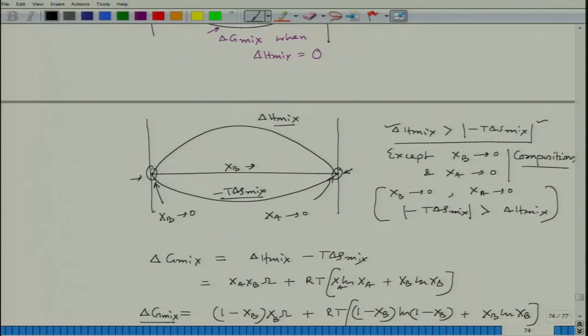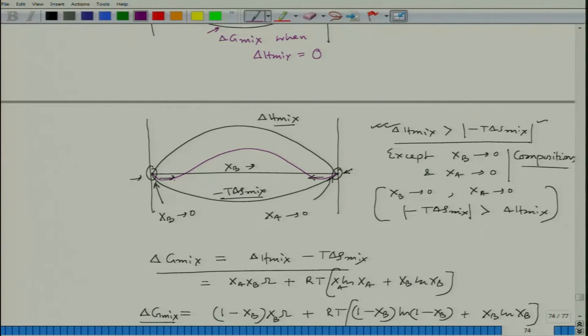Of course, as we go towards the right here or towards the left, this condition would start prevailing. So, minus ΔGmix, which is this expression, would look like this.